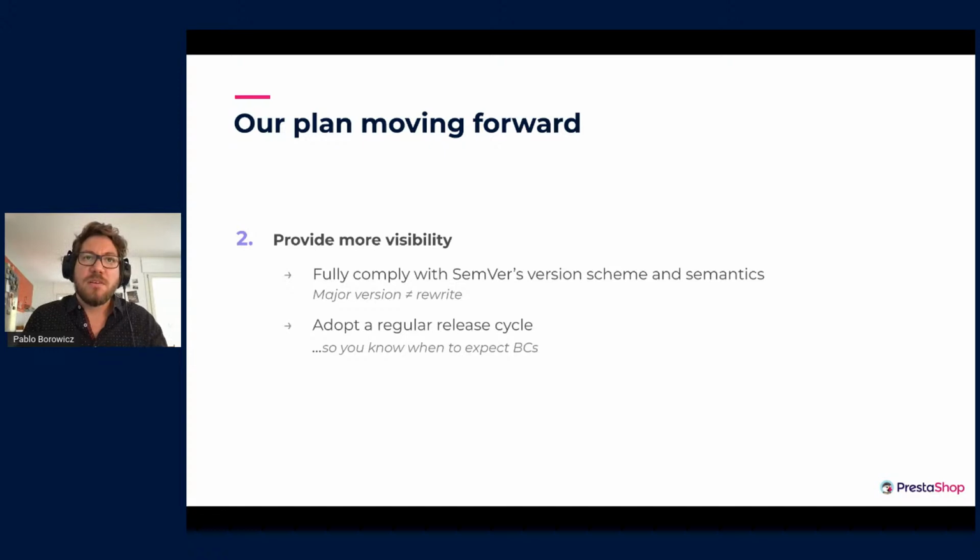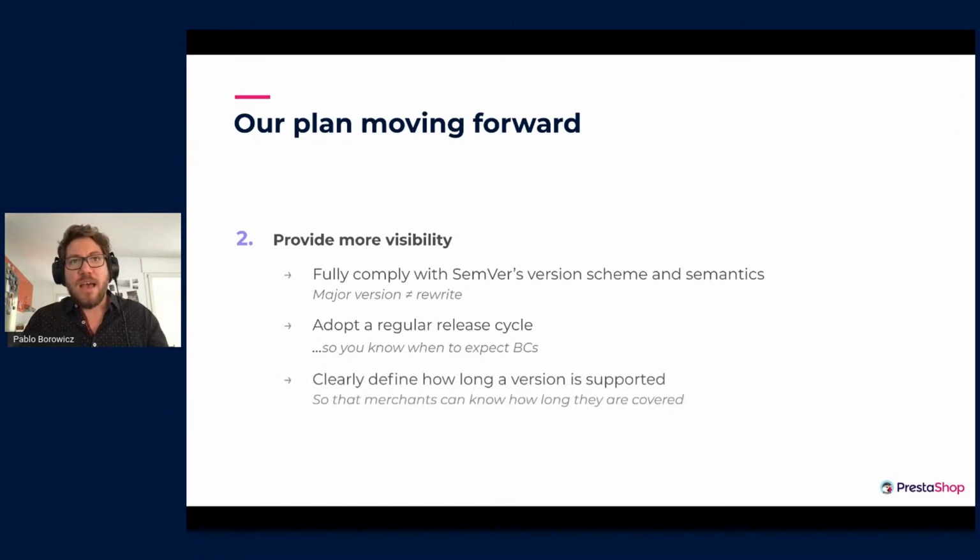Will that release be a breaking change release, or will it be fully backward compatible with what we had before? This provides more visibility when you are going to be upgrading to a new version in the future, whether everything is expected to break or not, and if it's a minor version, it shouldn't.